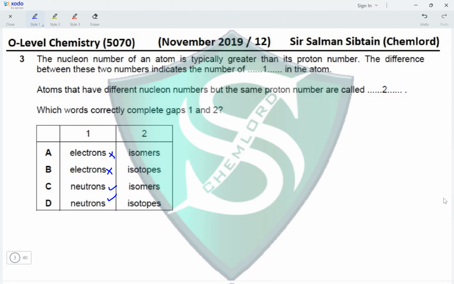If they have the same proton number, that means they've got the same number of electrons, which means the difference in particles is in the number of neutrons present. So, same number of electrons and protons and different number of neutrons. These particles are called isotopes. So the correct option for this question is option D.